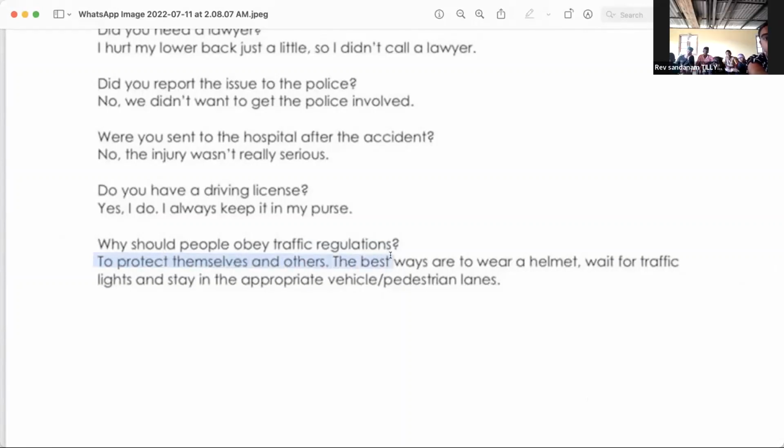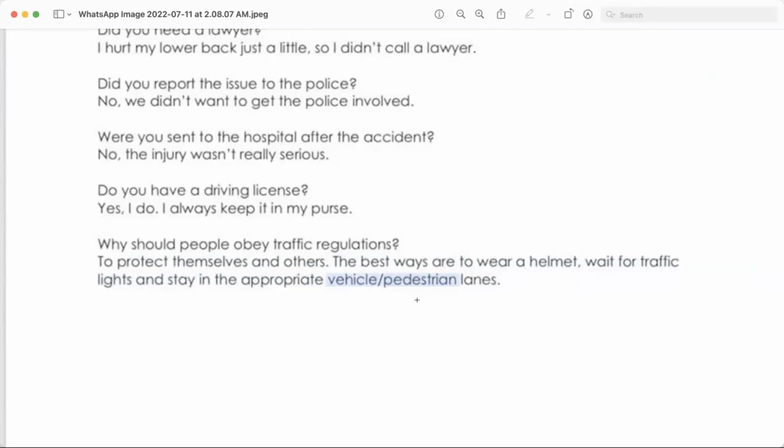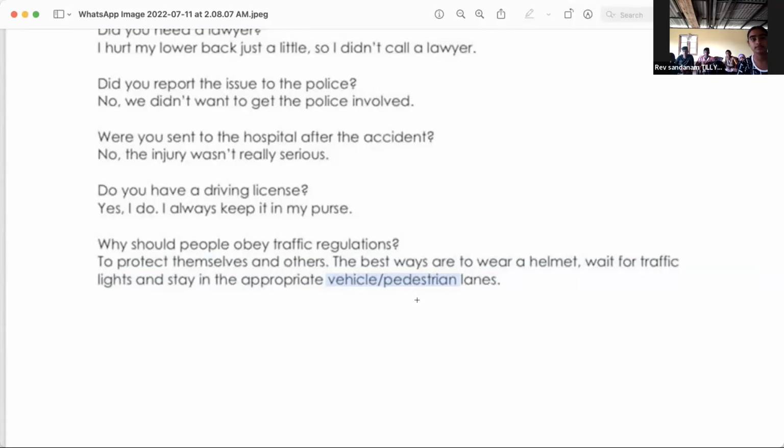The best ways are to wear a helmet, wait for traffic lights, and stay in the appropriate vehicle or pedestrian lanes. Pedestrian lanes. Well done.